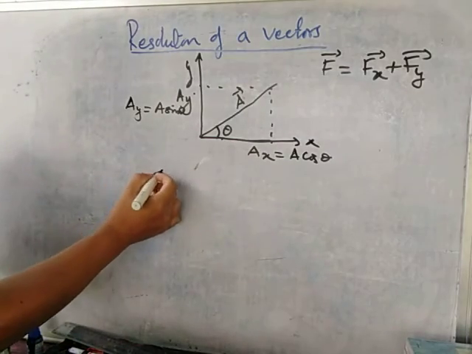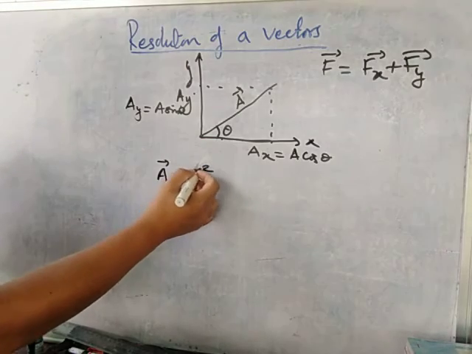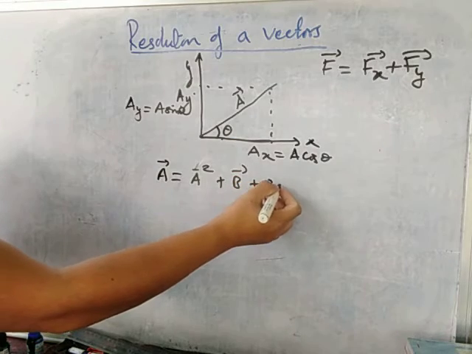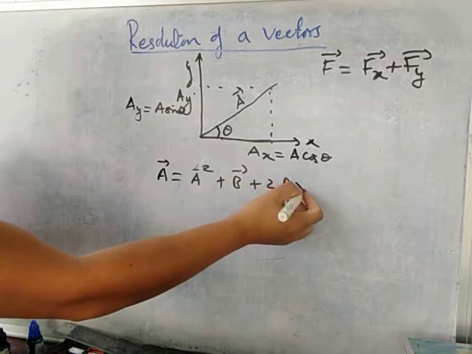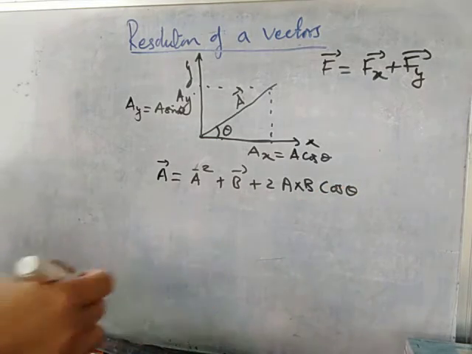So we know that the magnitude of vector A equals root of A square plus B square plus 2AB cos theta, isn't it? Yes or no?